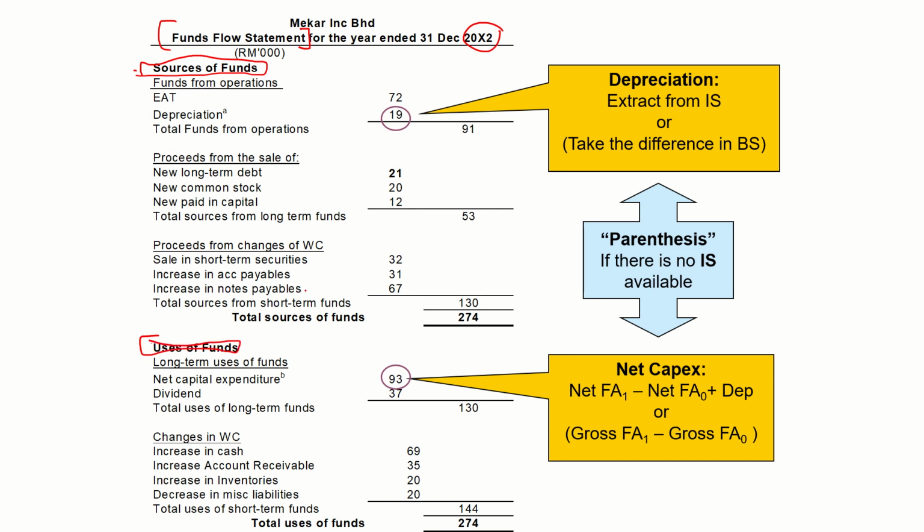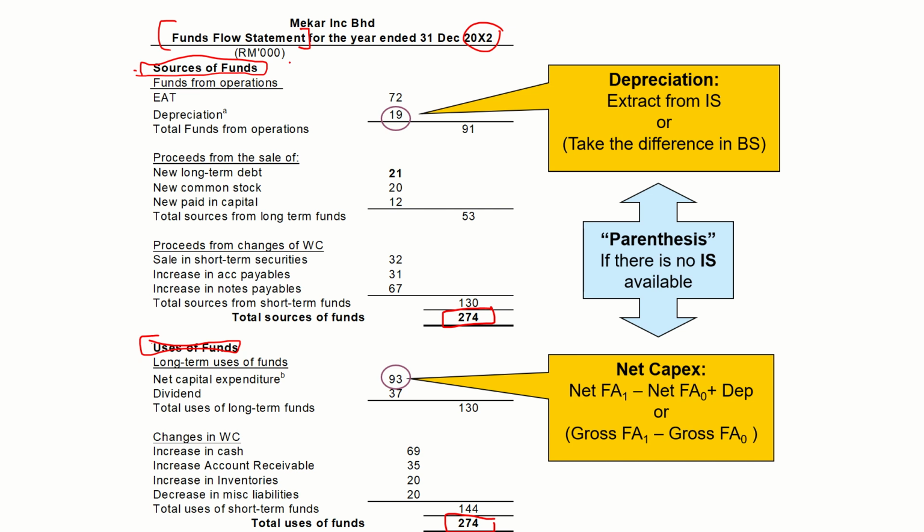For the purpose of our class, students don't need to be able to do this fund flow statement, but you need to understand what is sources and uses of fund, and what is in the fund flow statement, which means the amount of sources of fund must be equal to uses of fund. The total must be equal.